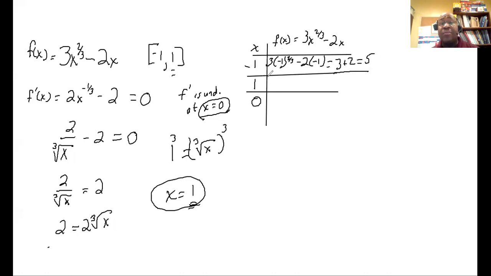At +1, we'll have 3 times 1 to the 2/3 power minus 2 times +1. So that's simply 3 minus 2, which is equal to 1. And at 0, 3 times 0 to the 2/3 power minus 2 times 0. Okay, should be easy to see that that's going to be equal to 0.